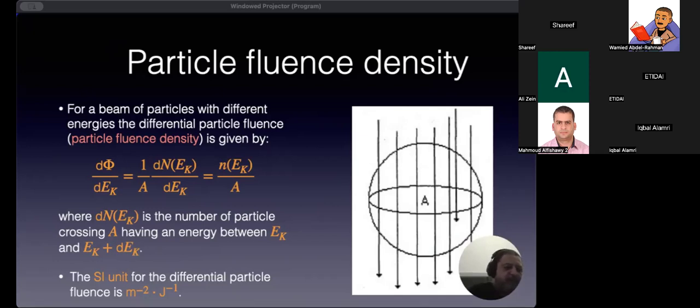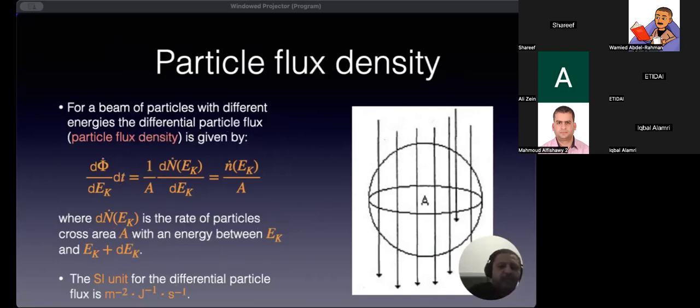Before we move to why this is defined like this, we can continue defining the differential particle flux, or particle flux density. It's the same definition, except that now we're looking at the rate of particles having energy between E and E plus dE crossing that cross-sectional area A. And the SI unit for the differential particle flux is then going to be per meter squared.